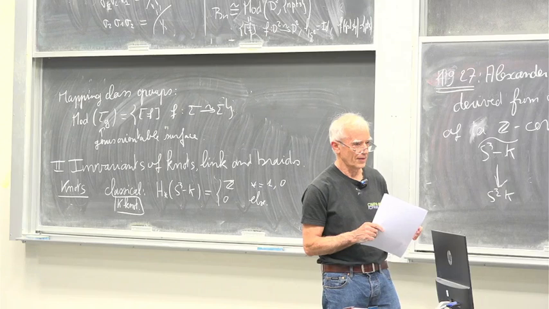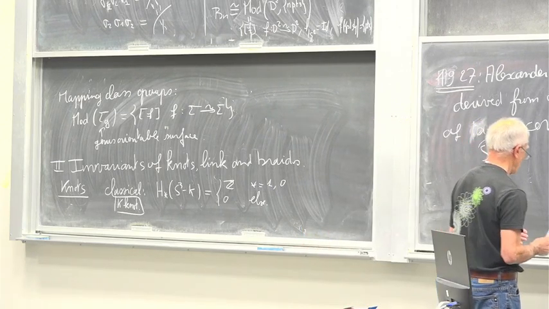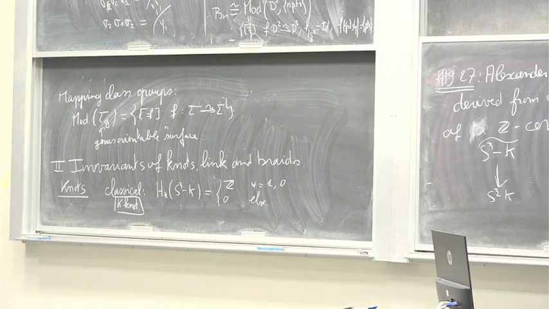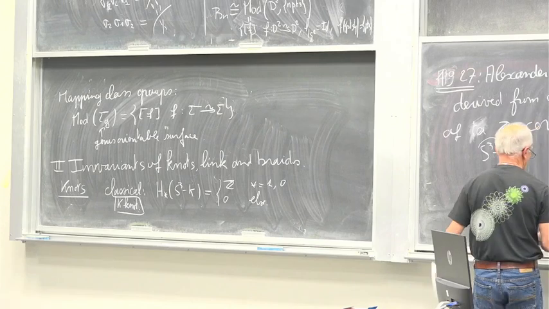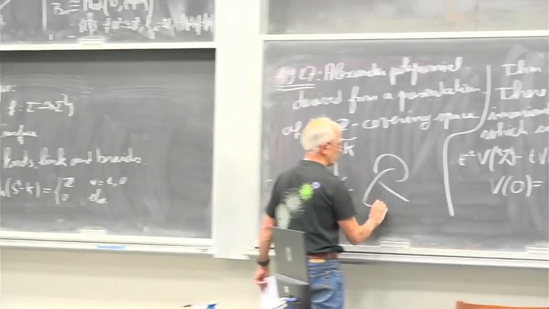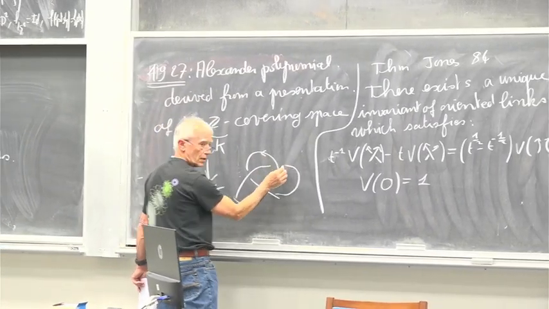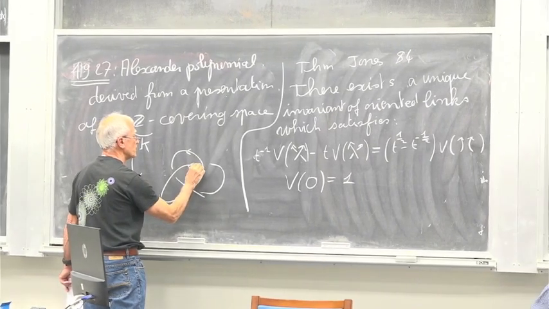V stands for the invariant of these crossings. It means that you take any diagram, for example this one. You orient it, and you select a crossing.